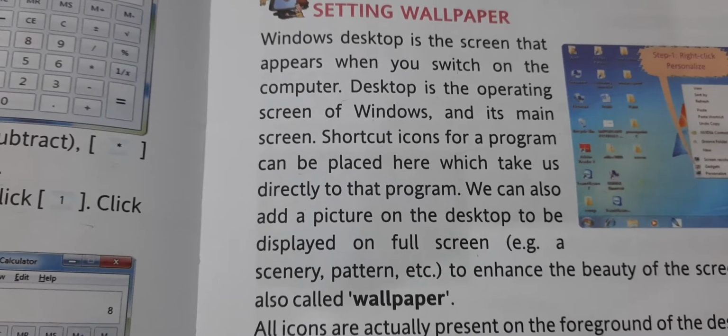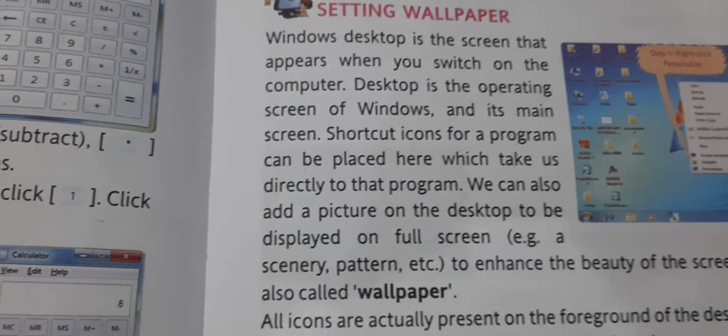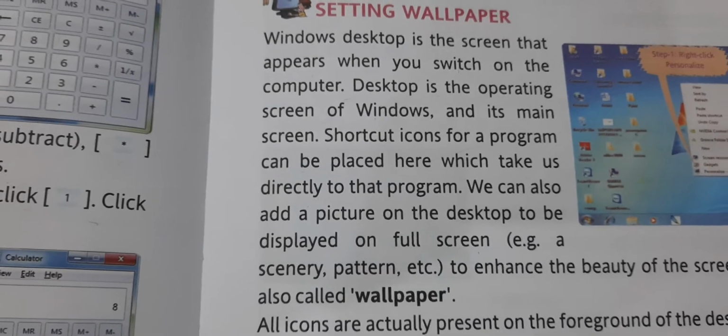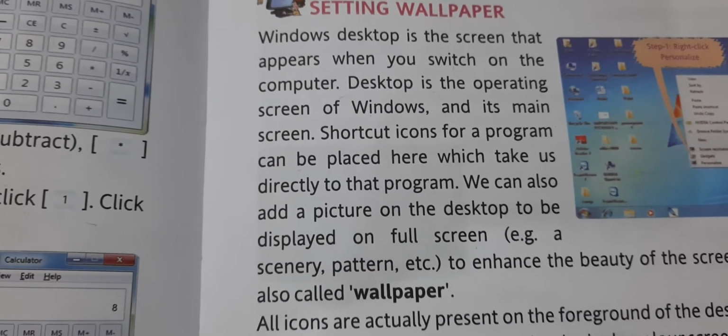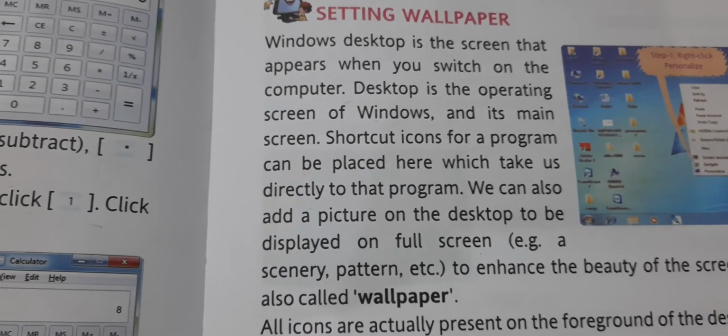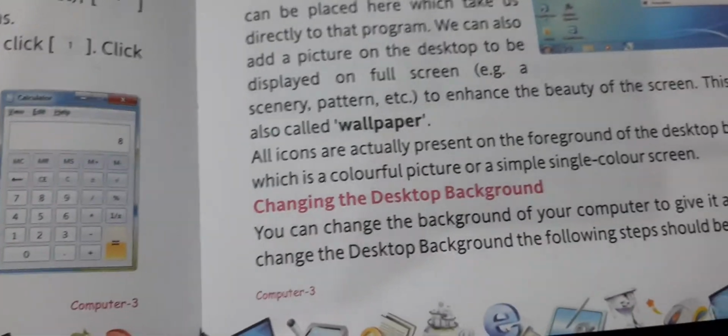Whatever changes they are doing, why they are doing? Because when we see certain things at some particular place, after a while we do get tired of those settings. So to bring a new look, to make it more interesting and lively, we change the setting. Same is with the wallpaper also.